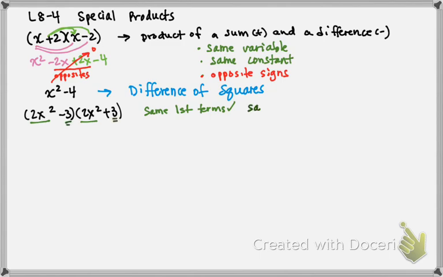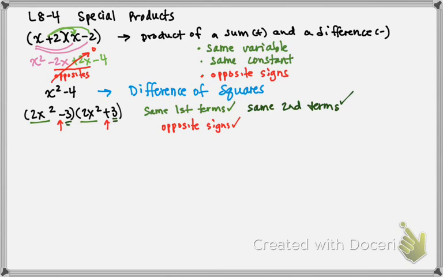Now, I said the word constant before because in my example, there was no second variable. But it is possible in a binomial to have a second variable. Okay, just to be aware of that. Same second terms. Yep. Are the signs opposite? I have a minus, I have a plus. Opposite signs. Check.